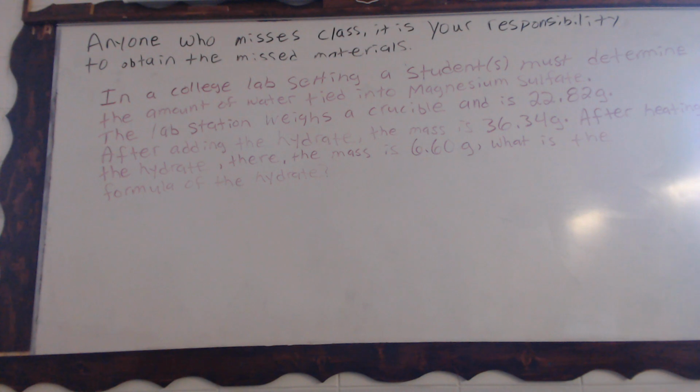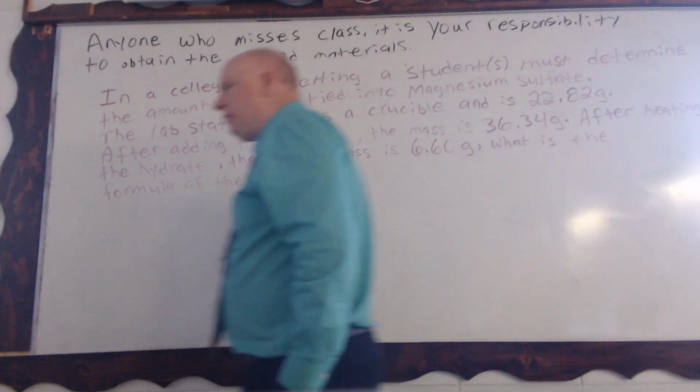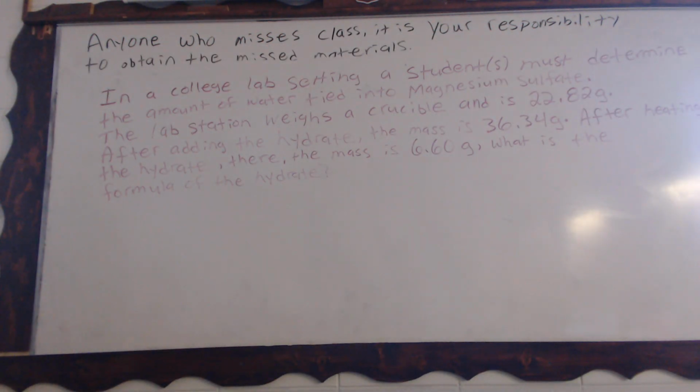Some of you maybe know how to do this, but when you're given multiple numbers, it only compounds the complexity. The problems that we worked on last week told you how much of the anhydride you had and how much water was driven off.